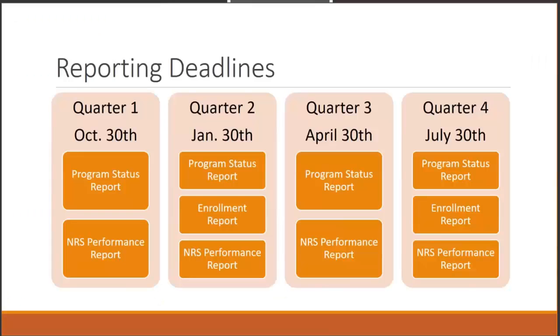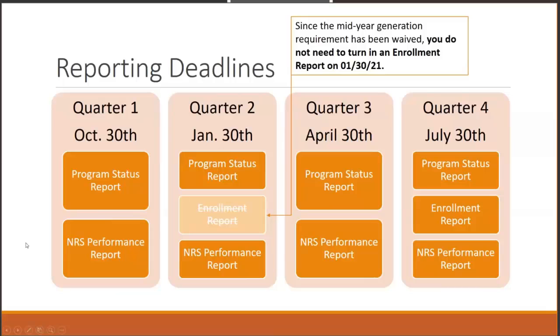So there are 4 reporting deadlines, one for each quarter of the year. The last one was on October 30th when you submitted the program status report and the NRS performance report. And typically during the second quarter, which is the next reporting deadline as this training is being recorded, all 3 of the required reports are due on this reporting deadline.